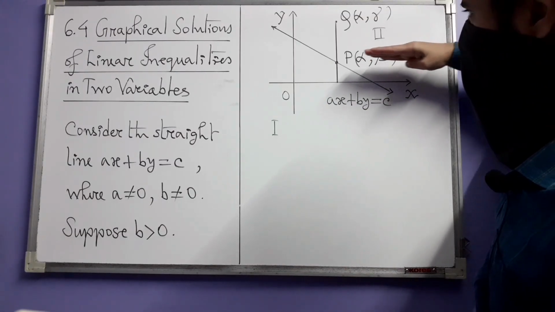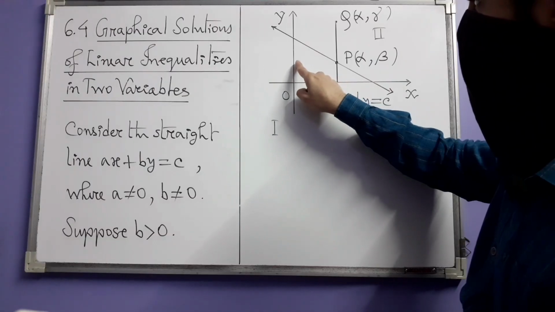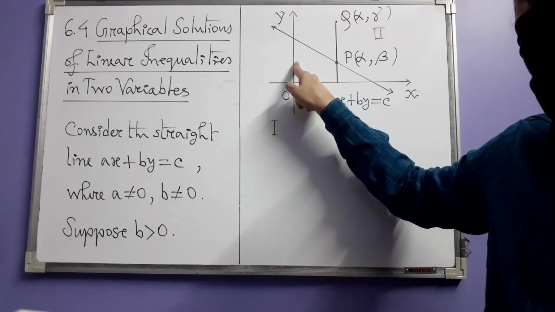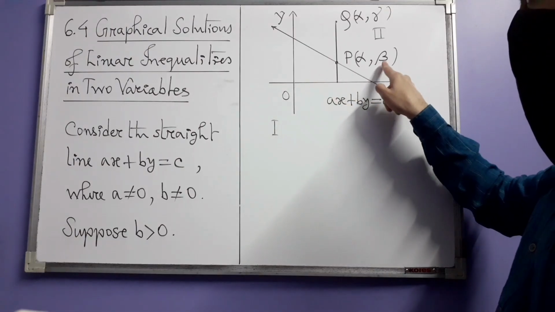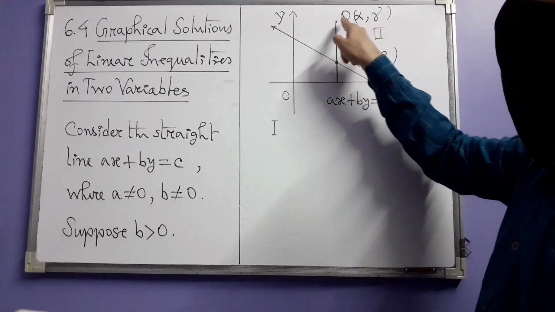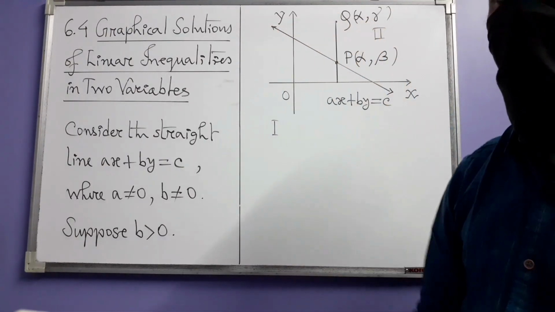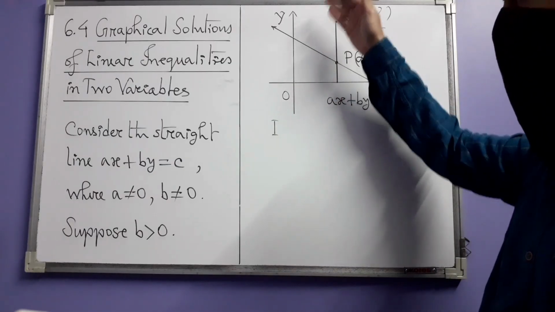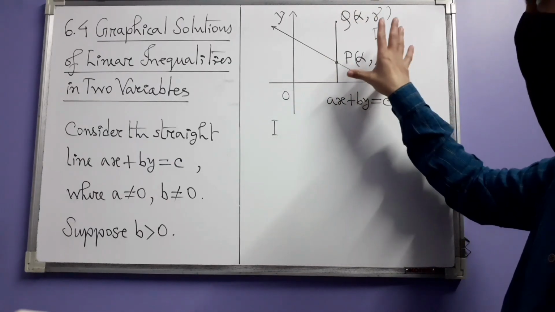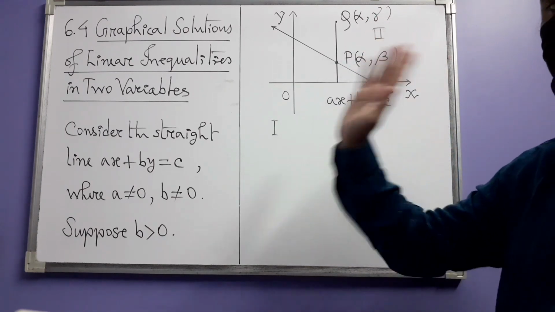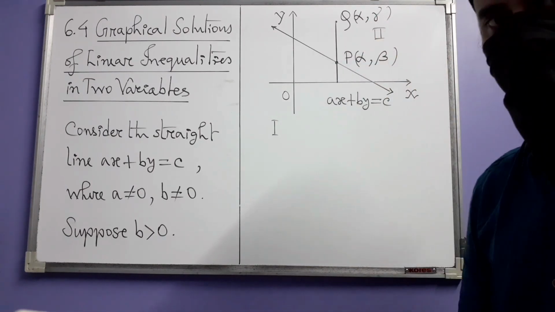The one that passes through P will intersect the y-axis here, and that is the real number beta. In fact, that is why the y coordinate is beta and the other one will be gamma. So obviously on the y-axis gamma is greater than beta, so that fact we get from how we have chosen the point Q itself.